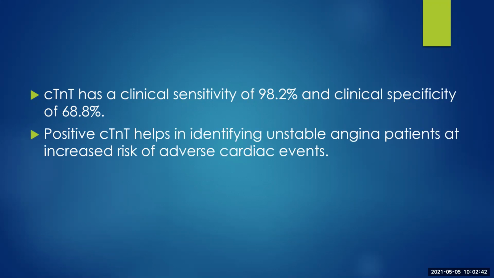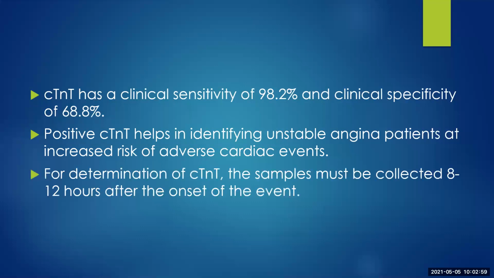A positive cardiac troponin T helps us identify unstable angina, that is chest pain, in patients at increased risk of adverse cardiac events. For determination, the samples must be collected 8 to 12 hours after the onset of the event. So that's a small drawback here: the time required to give a sufficient diagnosis.